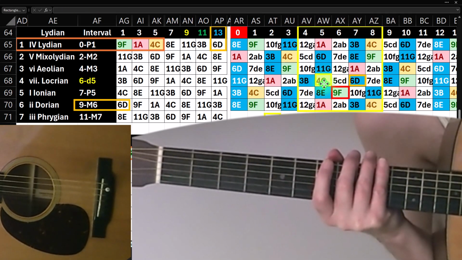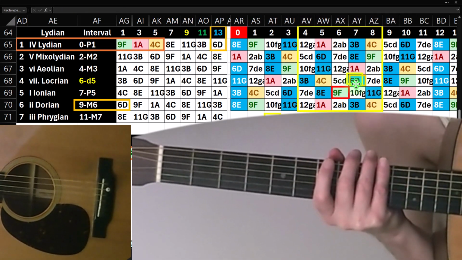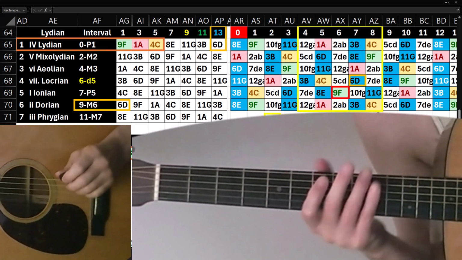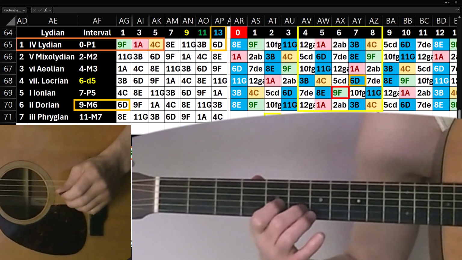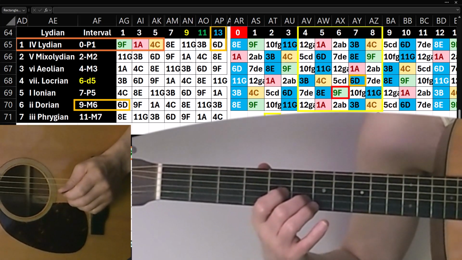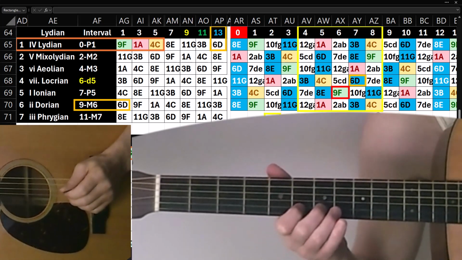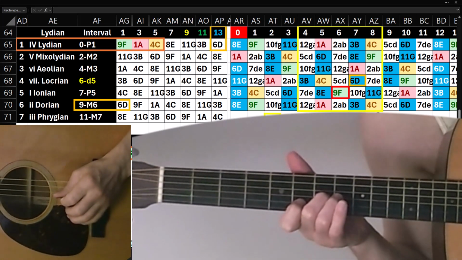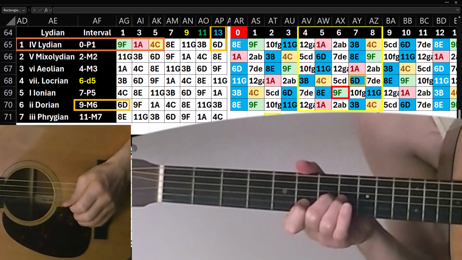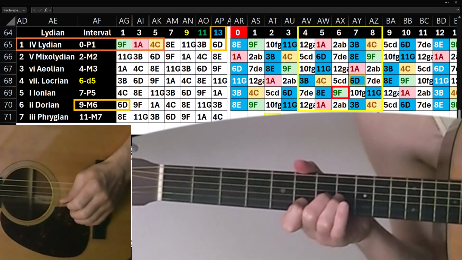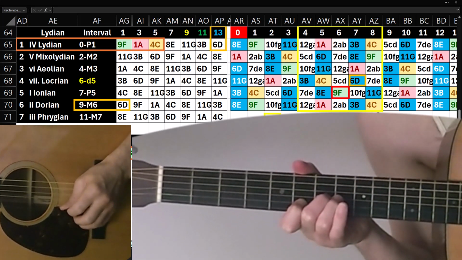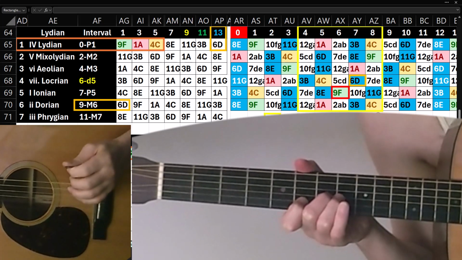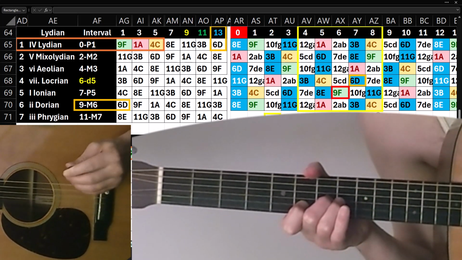Therefore, I'm going to call this -5, -4, -3. So let's count it up. We're going to go from here, -5, and then -4, and then 3. So boom, boom. Top to bottom would be a 3-note away minor third, and therefore from bottom to top would be a 9-note away major 6.